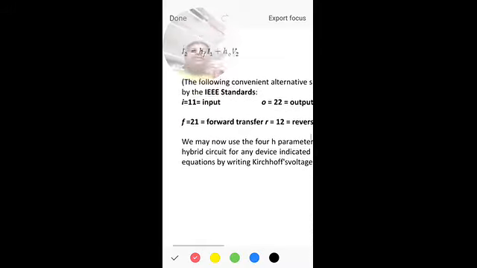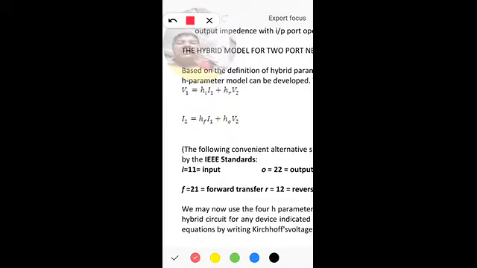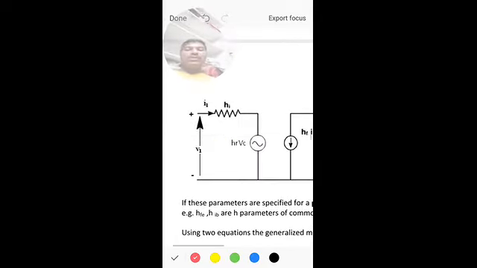See how. Here the input voltage V1 is the sum of two terms, H11 I1 plus H12 V2. So this is H11 I1.